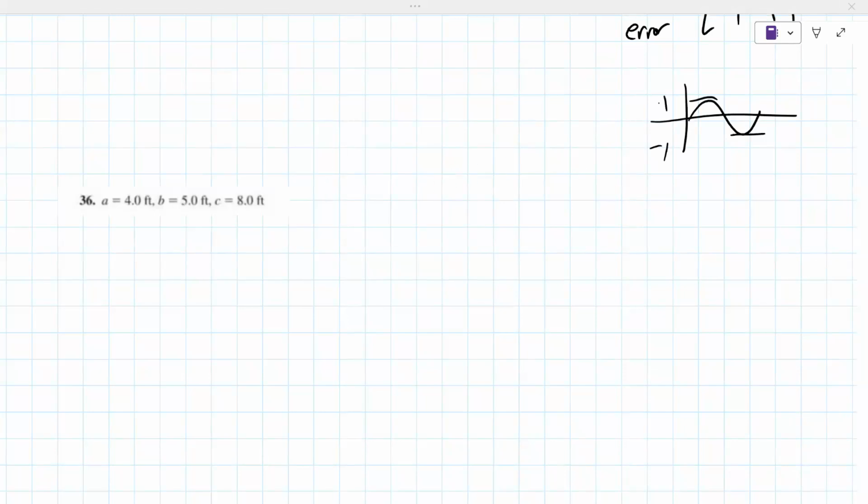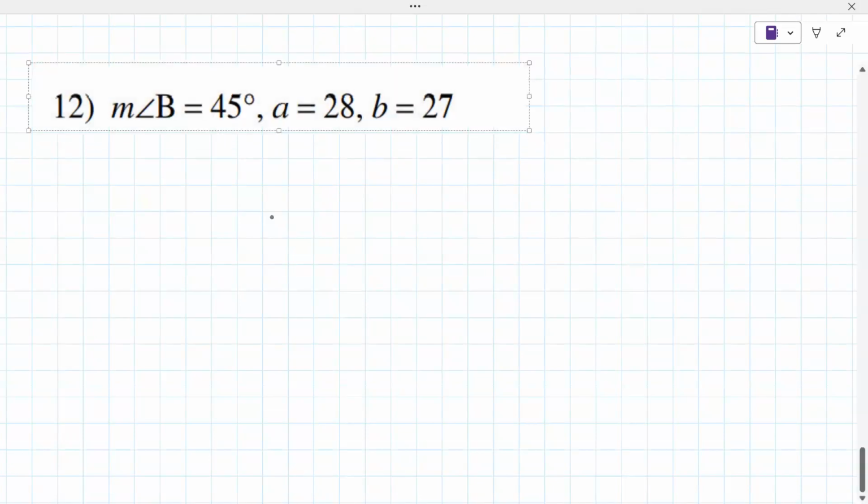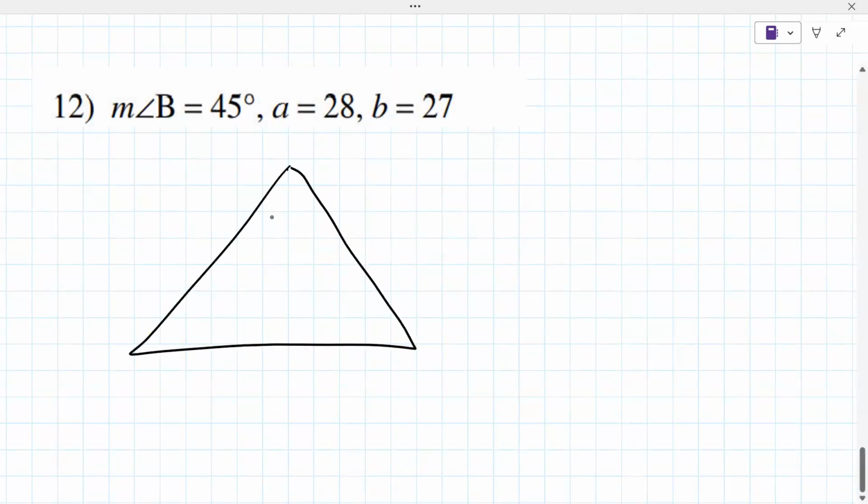Do you want me to look for one that has two solutions? That'd be great. Okay. So it's going to be law of sines though. That's kind of the nature of these things. All right, yeah, this one has two solutions.